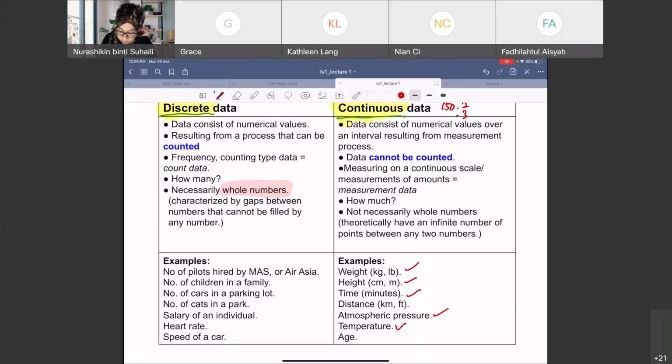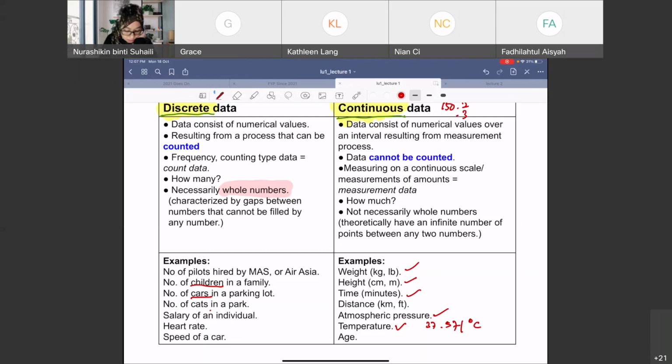Pressure, temperature, 37.571 degrees Celsius, for example. Age, you can say 2.5, like maybe 3 years, 10 months, 1 day, continuous. But when we talk about number of people, number of children, number of cars, number of cats, salary, okay, salary could be continuous also.